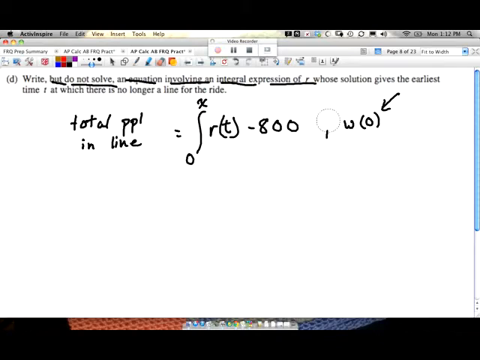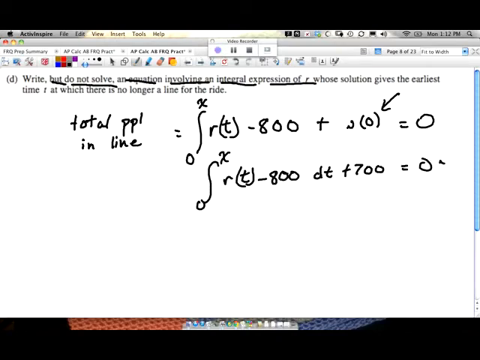Let's do it that way. And we want that to equal 0. So that's going to be the integral from 0 to x of r of t minus 800 dt, of course, plus 700 equals 0. There we go. When our overall area equals 0, we would find out what that answer is. That's it. Done.